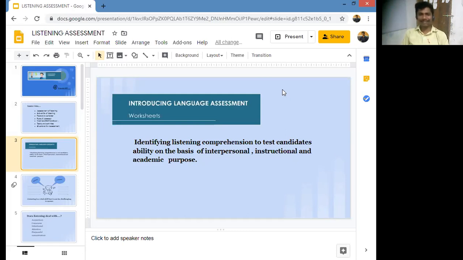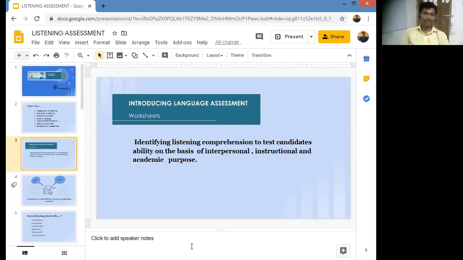Are they comprehending the knowledge or the data interpersonally? Are they comprehending the instructional? Are they assessing the listening in the instructional way? And for academic purposes too, we can assess our learners' language.